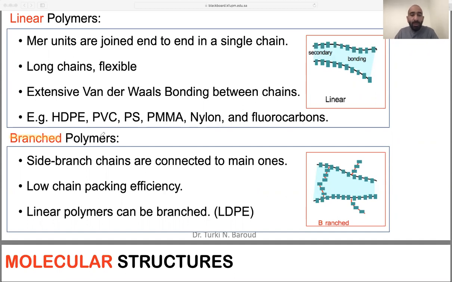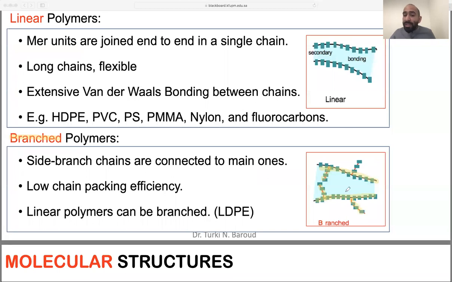If you get a branched polymer, you get this chain over here, and then in that chain, you have side branches sticking out of this chain. Now this might interact with this, right? So there might be interaction between them, but this interaction will also be secondary bonding, not covalent bonding. So these chains might interact with each other.